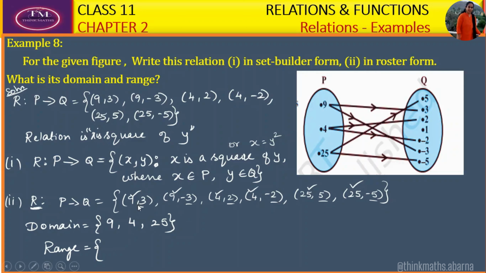So let us write the positive elements in an order. What are the positive elements? 3, 2, 5. So you can write it either as 5, 3, 2 or 2, 3, 5. Okay. So let me write in descending order. So descending order, biggest number is 5. 5, 3, 2. 5 is written, 3 is written, 2 is written.